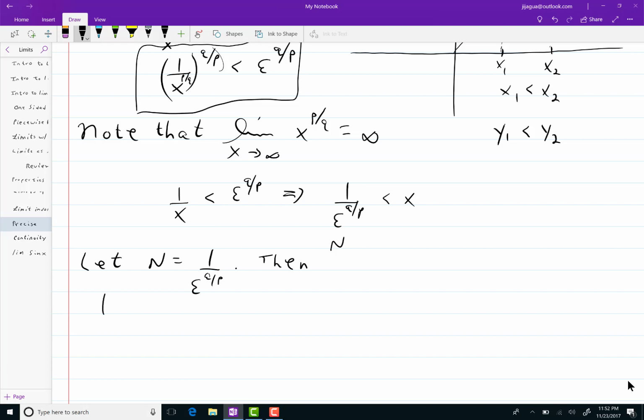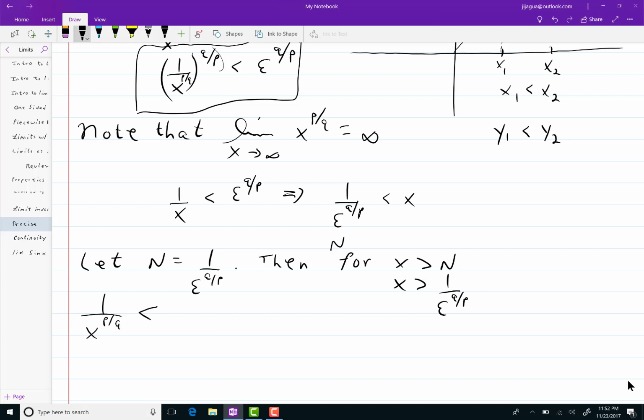Then 1 over x to the p over q is less than, let's see now, for x, let n be that, then for x greater than that n, so x is greater than 1 over epsilon to the q over p.